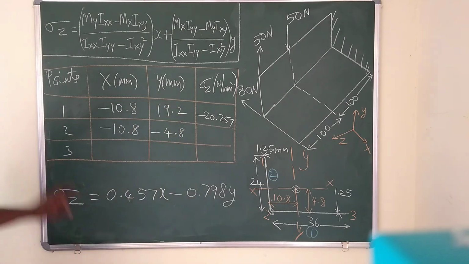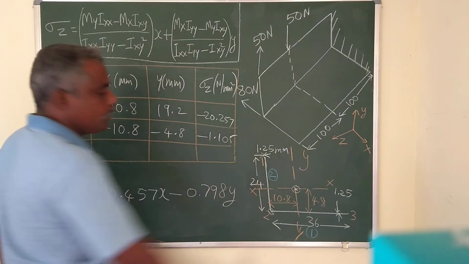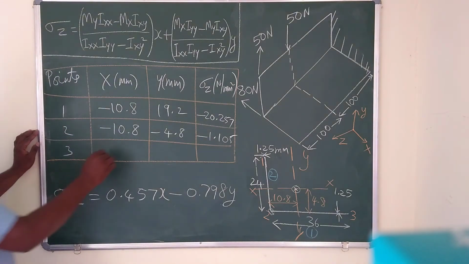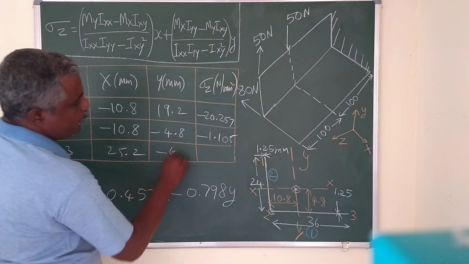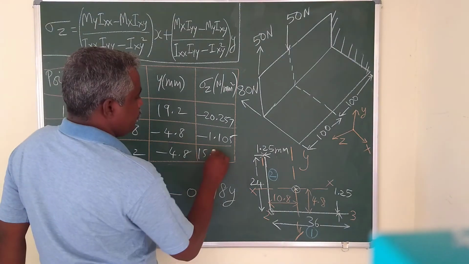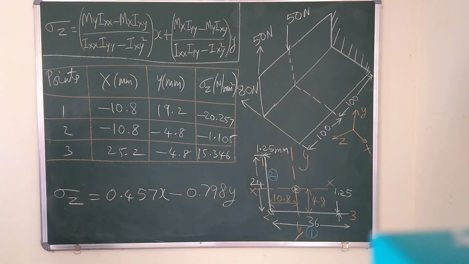So plug in this value in the sigma z, you will get minus 1.105 Newton per mm square. Similarly, third point, 25.2 x coordinate and y coordinate minus 4.8. Substitute x and y value here, you will get 15.346. So this is the tabular column which shows the direct stress due to bending at the mid span of the beam, halfway of the beam.